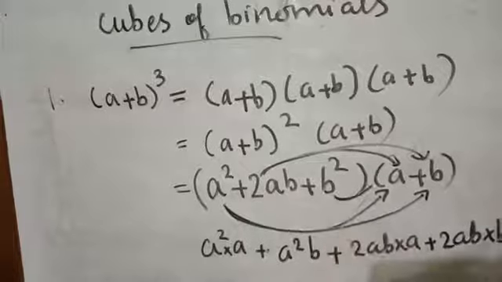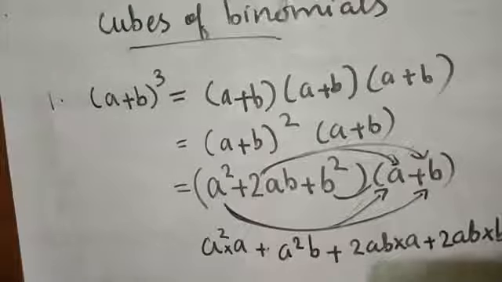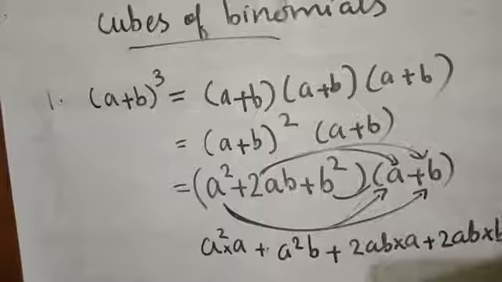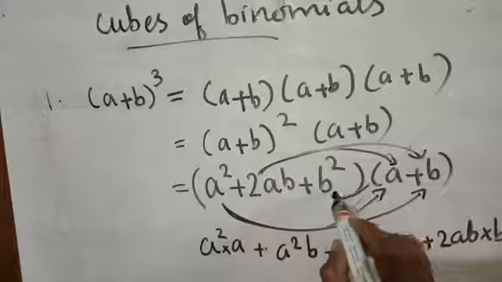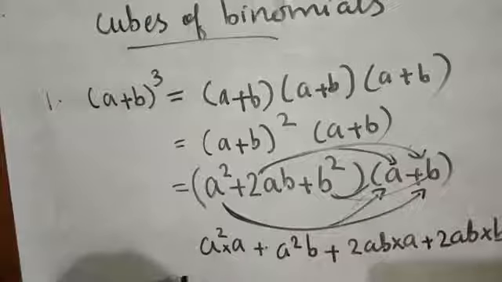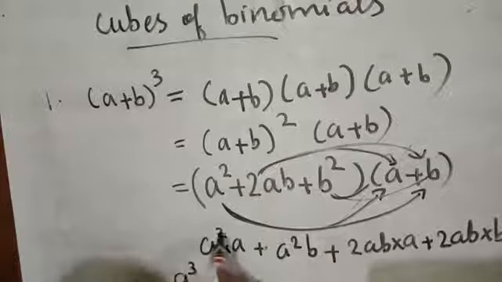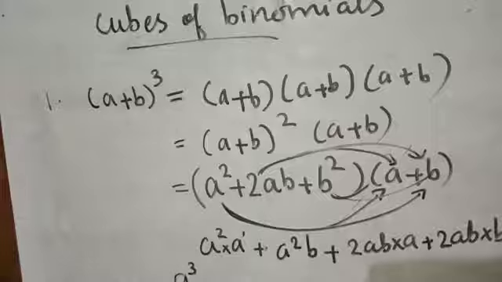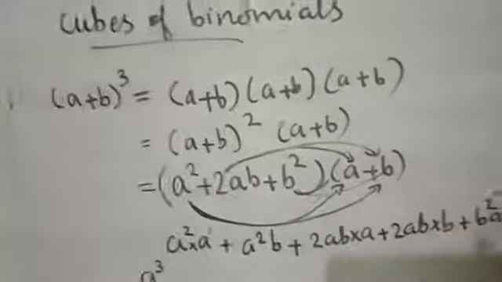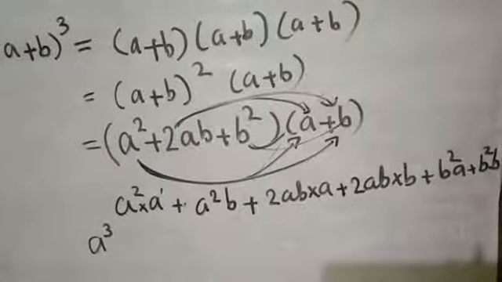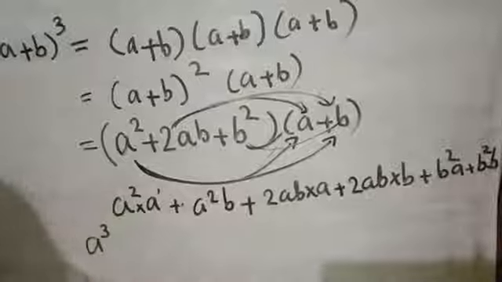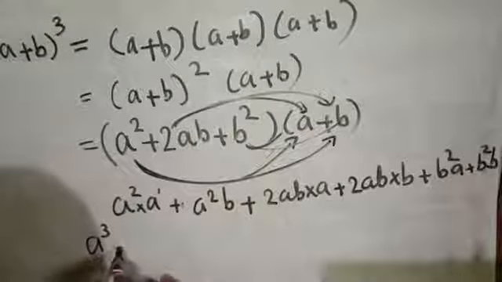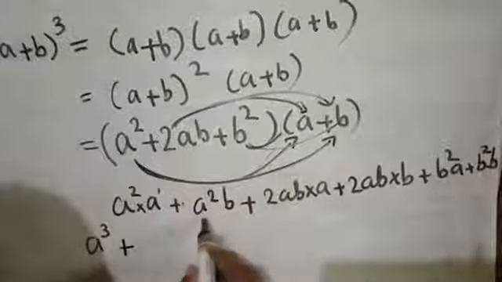Now plus b square into a, plus b square into b. So a square into a: a cube. Here 2, here 1. 2 plus 1, 3. A raised to m into a raised to n is a raised to m plus n, so 2 plus 1, 3. Plus here a square b.